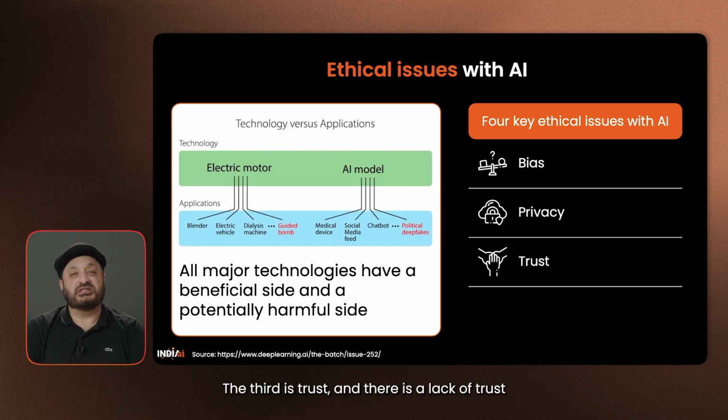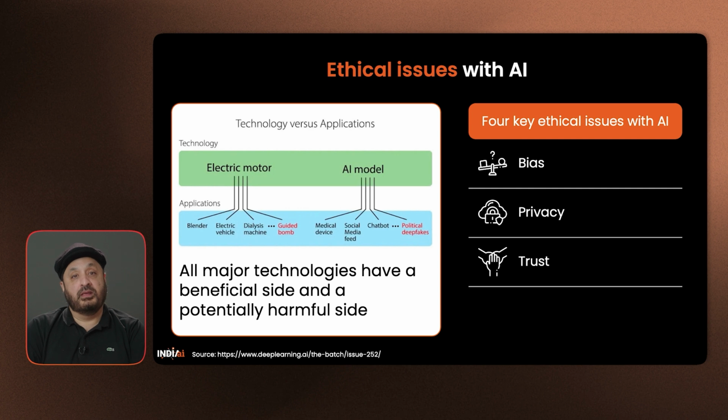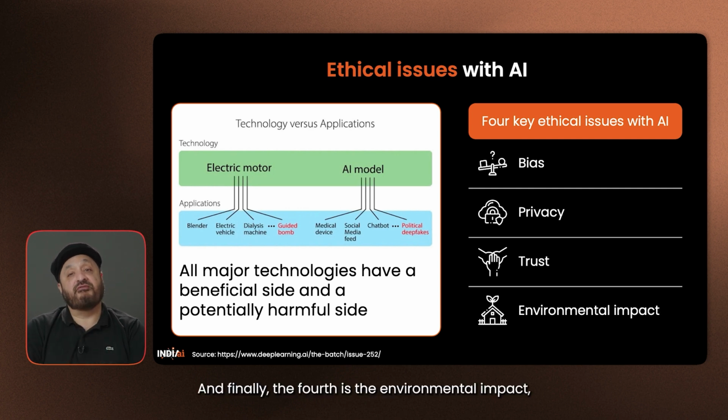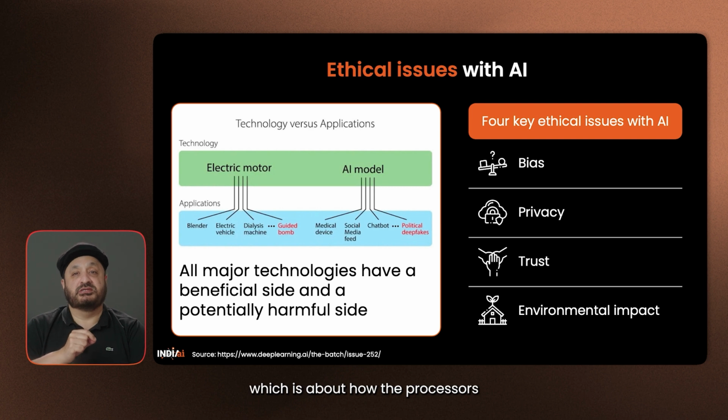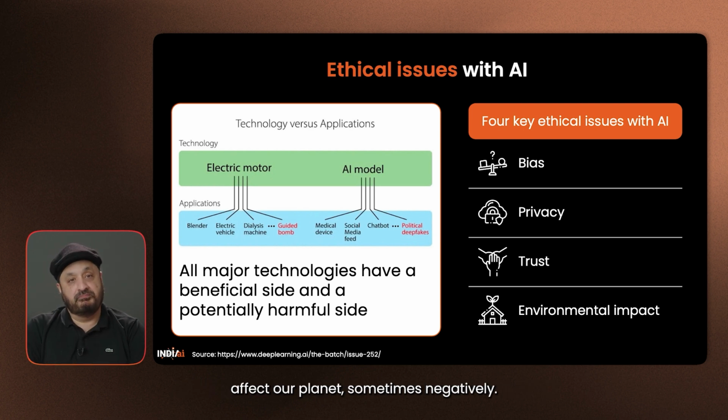The third is trust, and there is a lack of trust in current AI capability because we still cannot fully rely on AI to give us accurate information all the time. And finally, the fourth is the environmental impact, which is about how the processors and the chips that power AI training, inference, and usage affect our planet, sometimes negatively.